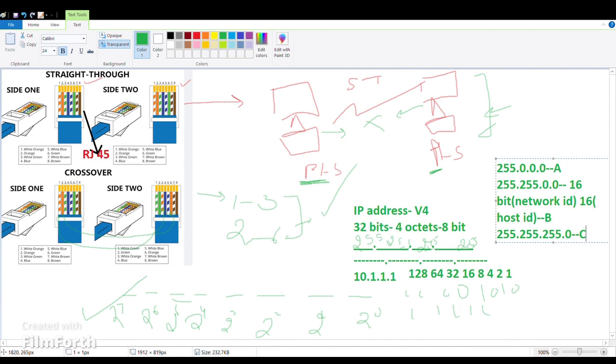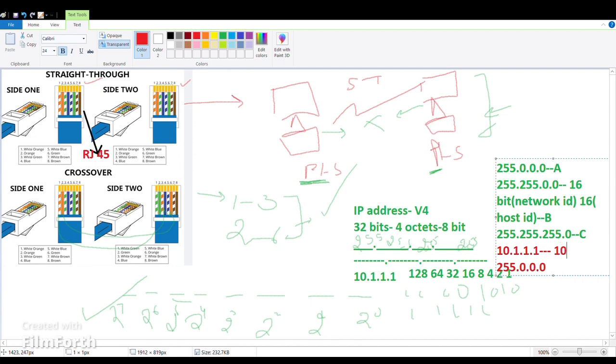In class A the first octet is fixed, in class B the first two octets are fixed, and in class C three octets are fixed. What does that mean? That means the network address is fixed. If I have 10.1.1.1 with the subnet mask 255.0.0.0, it means my first octet is fixed, and if the two devices are directly connected, making a peer-to-peer network, they should be in the same network.